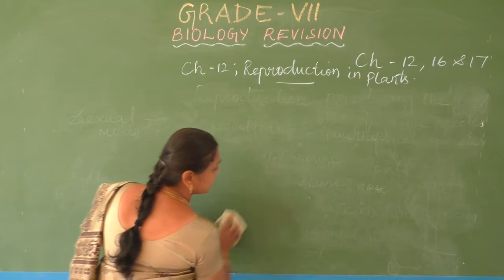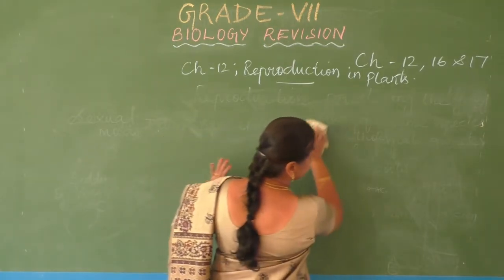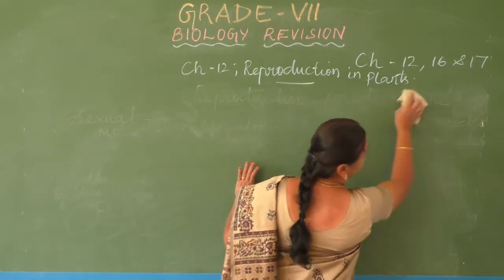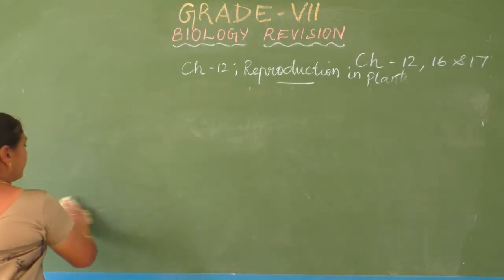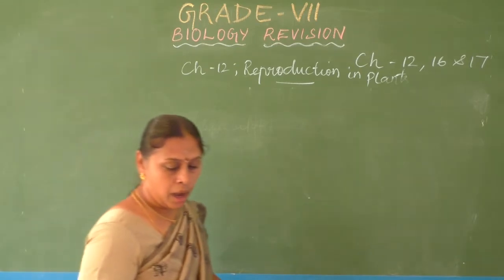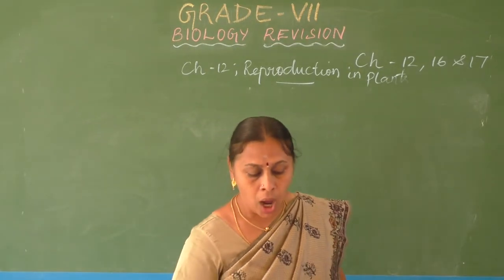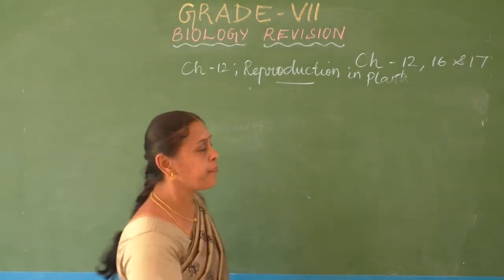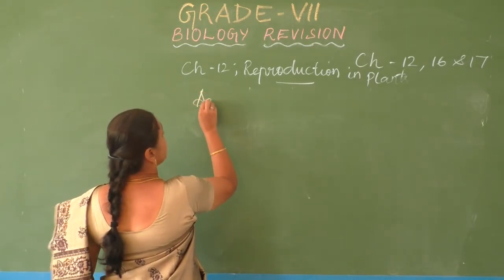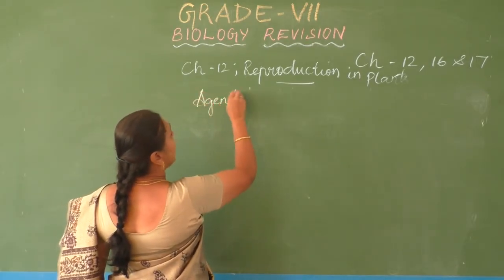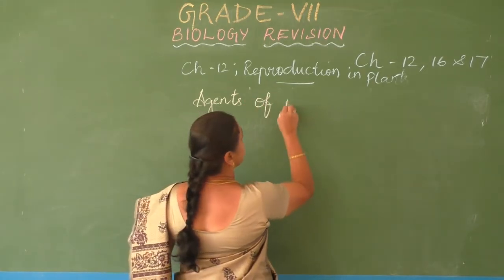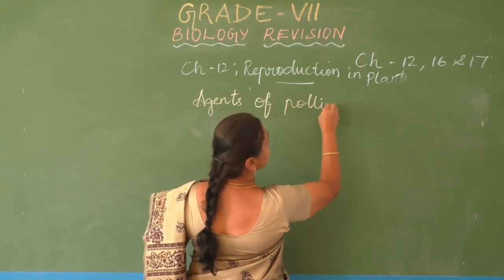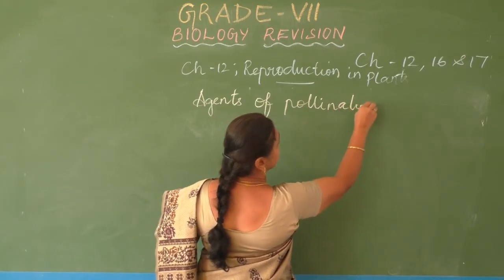And I explained self-pollination and cross-pollination. How this pollination takes place: some agents help it to occur. These are called agents of pollination.